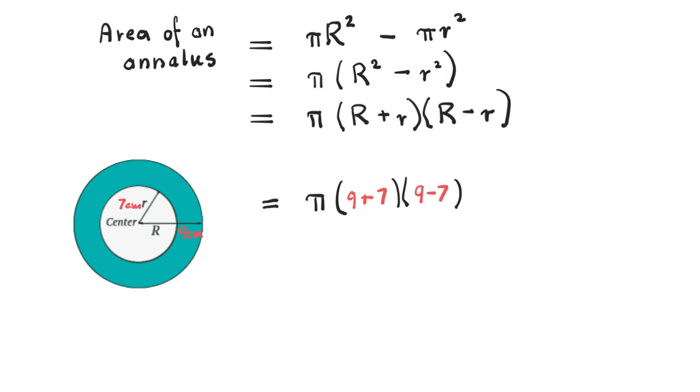And that can be quickly done in your head, I suspect, because that means it's just pi. 9 plus 7 is 16, and 9 minus 7 is 2. So we're just multiplying 16 by 2. And that'll be pi times 32, or we should write 32 pi.